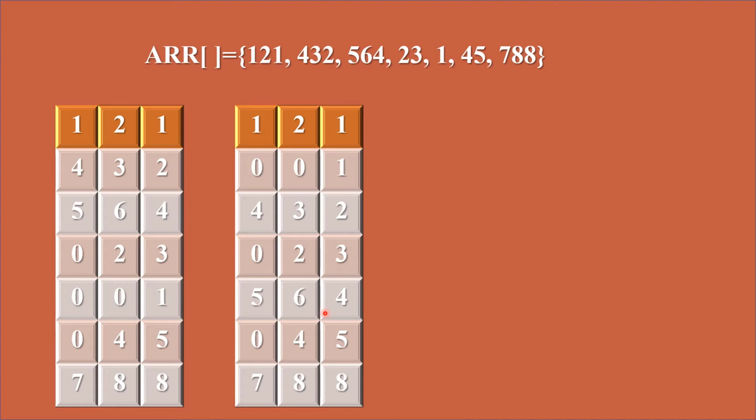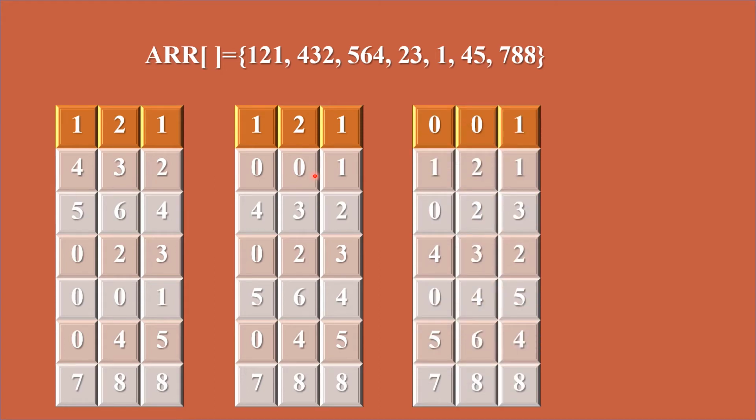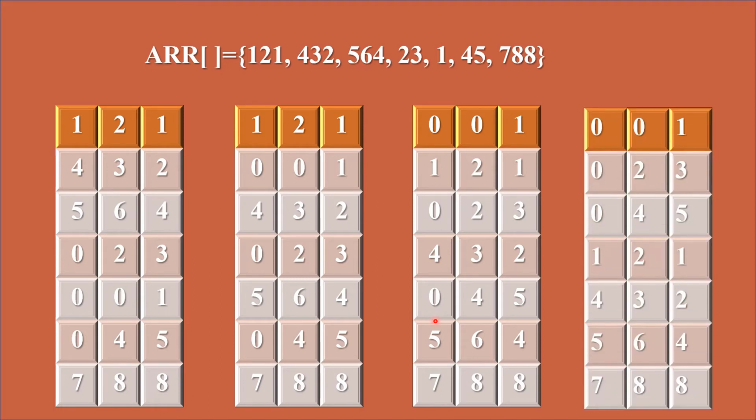The next step is to sort the values based on the tens place, in ascending order. The last step of this example is to sort by the most significant place in ascending order. So this is the final result of this example.